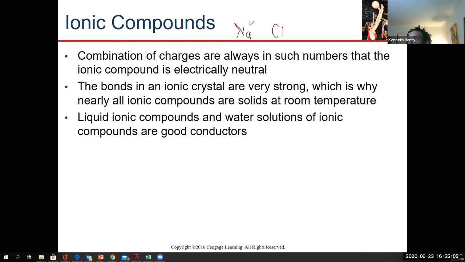We write them as their ions like this, but when they come together, because they're balanced, we don't write the charges. It's understood that they have those charges and they're just together. You guys see that? Okay, so that's going to be important. At the end of the day, they come together so that they can be electrically neutral. So they balance each other out.